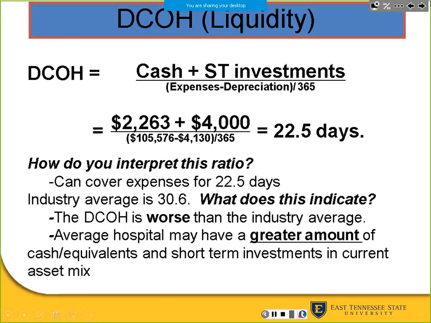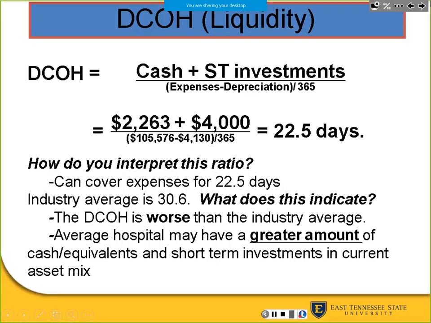You can't just go off of one piece of information. The average hospital may have a greater amount of cash equivalents and short-term investments in their mix than we do. So we have to figure out how to change our cash position, our days cash on hand, to bring this up. Do we need to bring our expenses down?